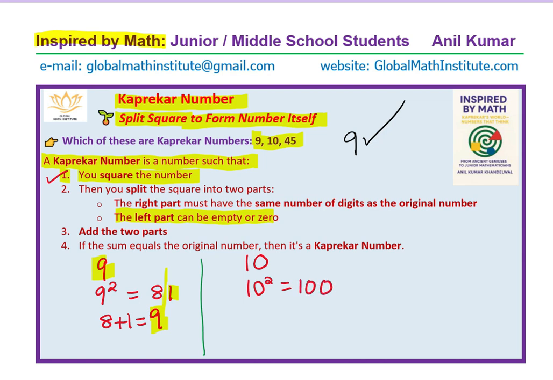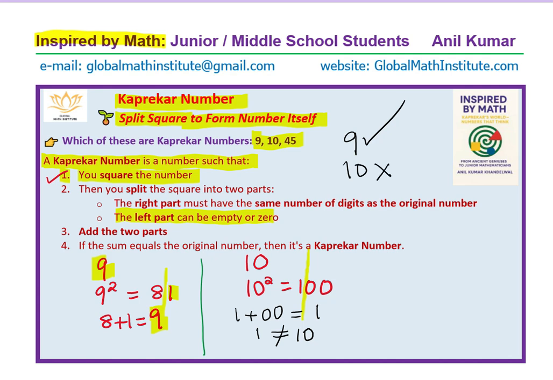Now, we should split into two parts, where the right part will have the same number of digits as in 10, which means 2 digits, right? So we'll split from here. And we are going to add the numbers, meaning 1 plus 00. What do we get? We get 1, and we know 1 is not equal to 10. And therefore, 10 is not a Kaprekar number.